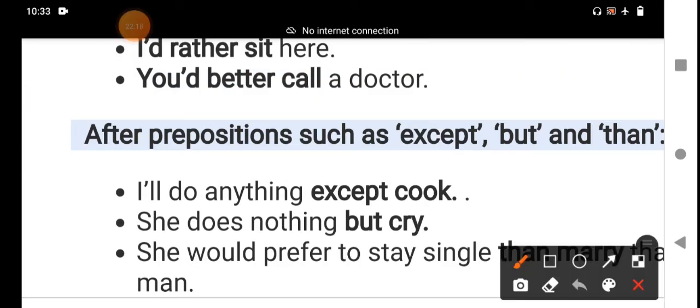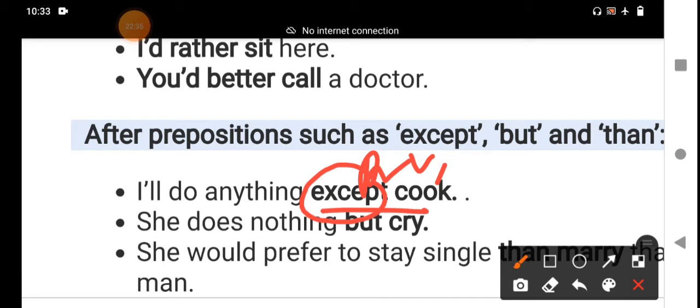For example, I will do anything except cook. Here, except is not a verb. The function of this word is preposition. After this preposition, it takes the bare infinitive.